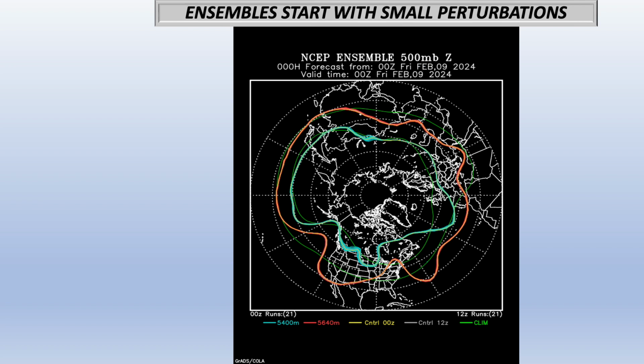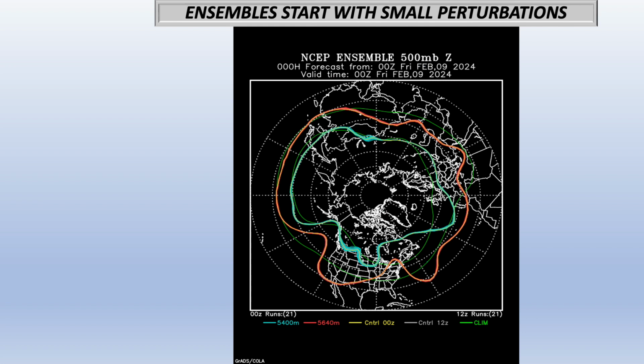And so what the folks that do the modeling do is change, or perturb, if you will, the initial conditions or the analysis 30 different ways, but they're very, very small perturbations or changes, as evidenced by this picture where they're so much on top of each other you can barely tell. But again, sometimes the atmosphere is very sensitive to very, very small changes at the beginning.